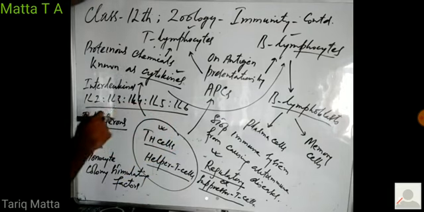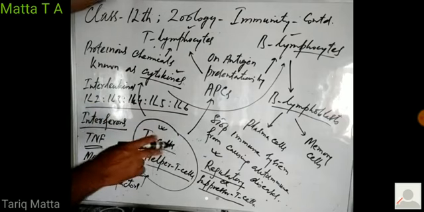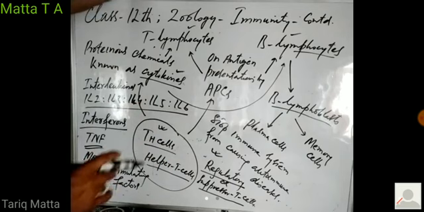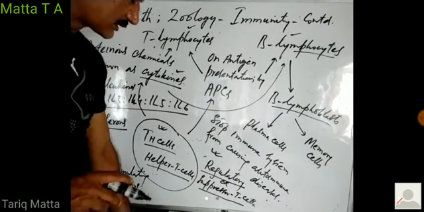So that was the role of killer T cells, helper T cells, and regulatory T cells or suppressor T cells, right? Similarly, we have plasma cells and memory cells. What is their role?